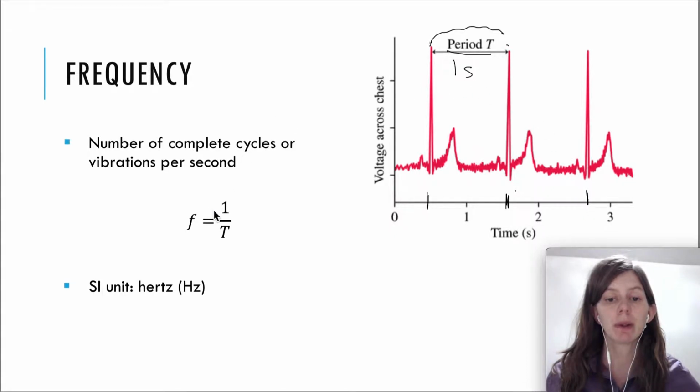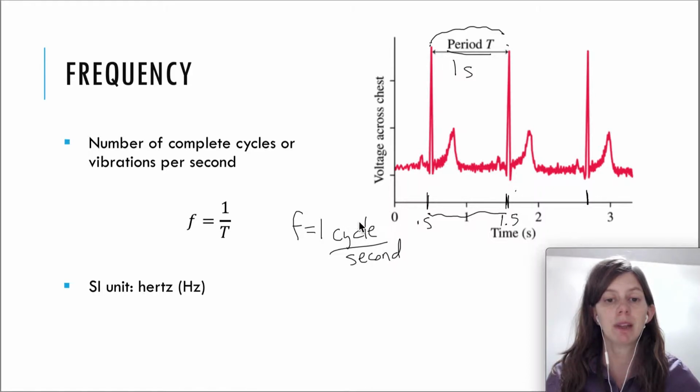Now the frequency asks us how many cycles we have each second. If you just look at a time interval of 1 second, for example from 0.5 to 1.5 seconds, you can see there's only one complete cycle. So for this particular picture, the frequency is 1 cycle per second.